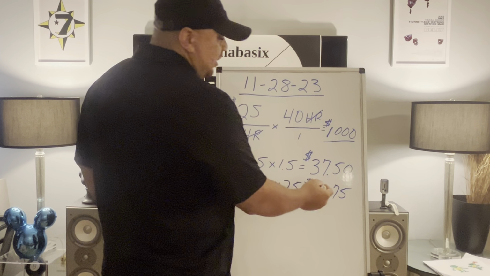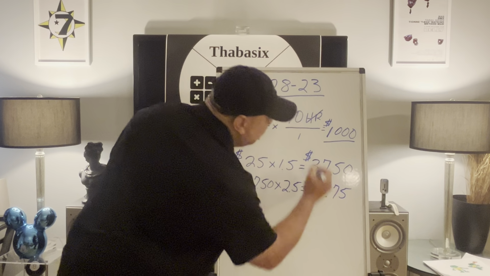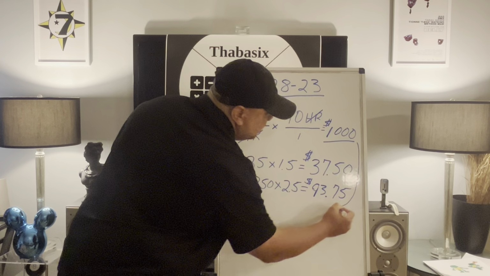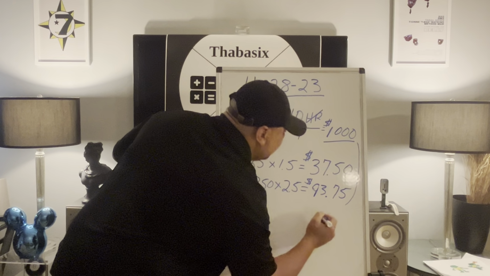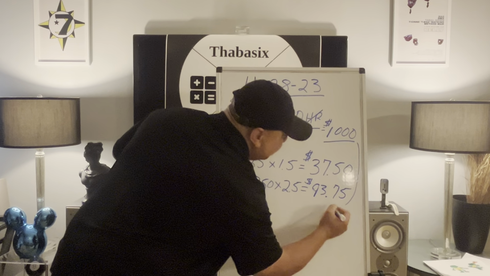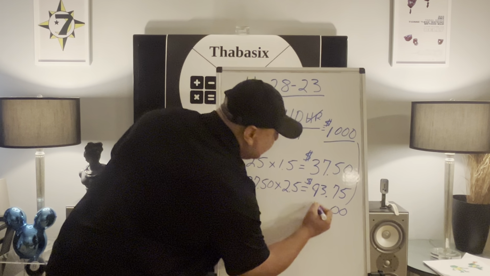All you do is add the 93.75 to the 1,000. I'll bring the 1,000 down here. Remember, you still have to line it up. I didn't say any cents for the $1,000, so don't shift anything.